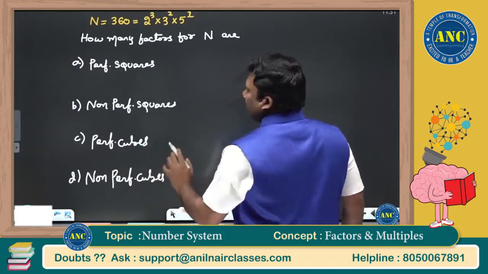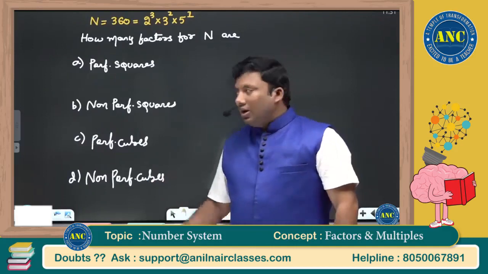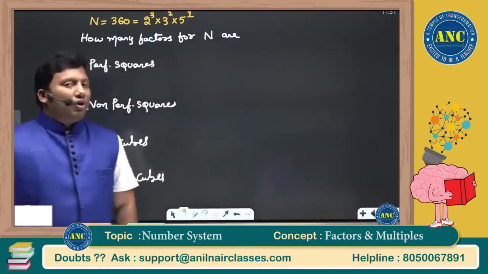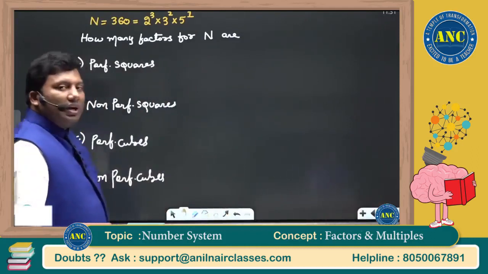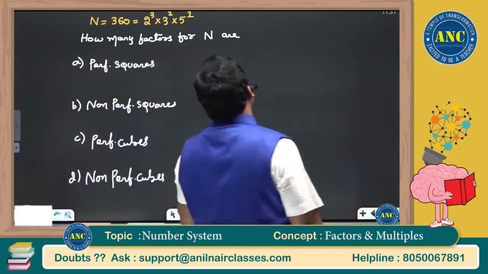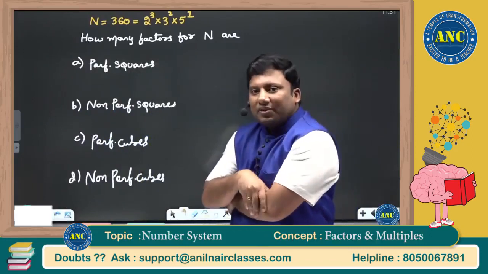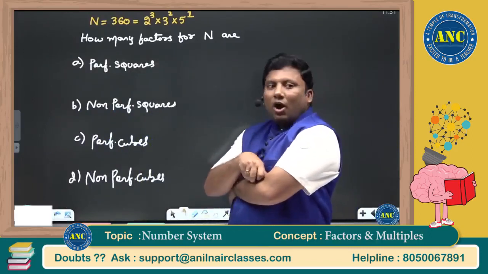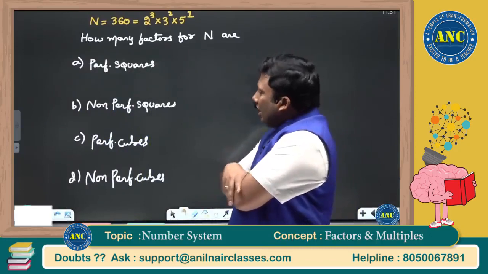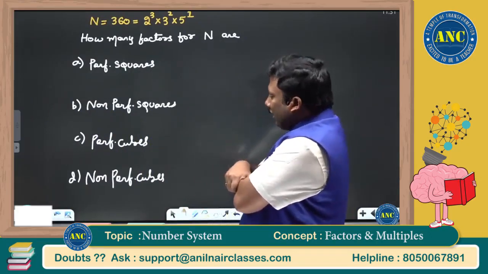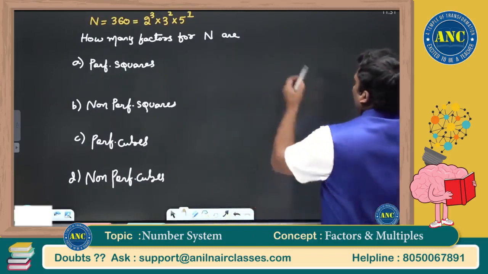Four questions we will discuss. Another important model. Based upon this model, we can create another 3-4 good quality questions, sir. N equivalent to 360. 360 is 8 9s are 72, 72 5s are 360.